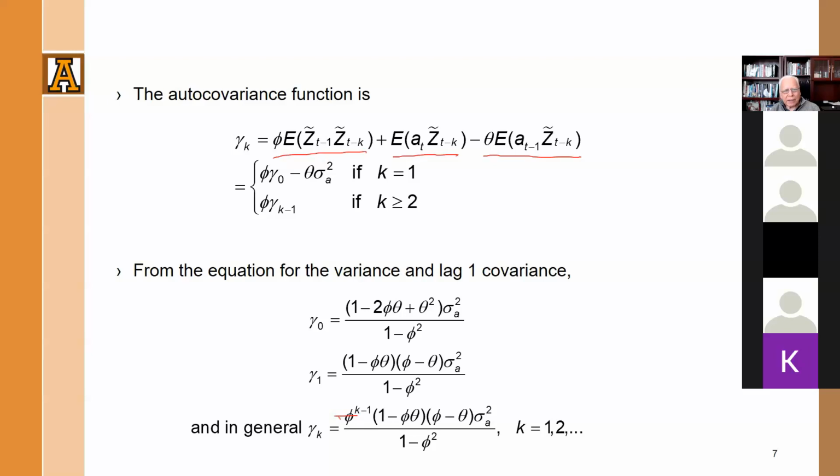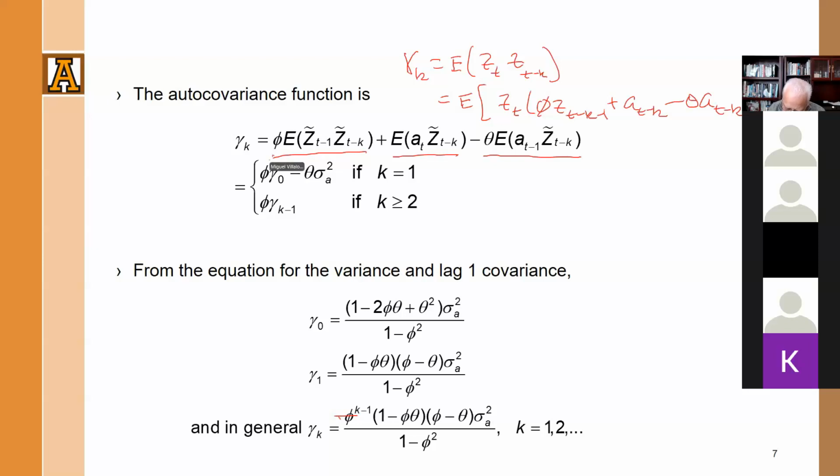All I did is write this thing down as the covariance gamma k, remember, the expected value of Z_t and Z_{t-k}. And Z_{t-k} is equal to phi Z_{t-k-1} plus A_{t-k} minus theta A_{t-k-1}. Okay, so you do that multiplication, we get this.